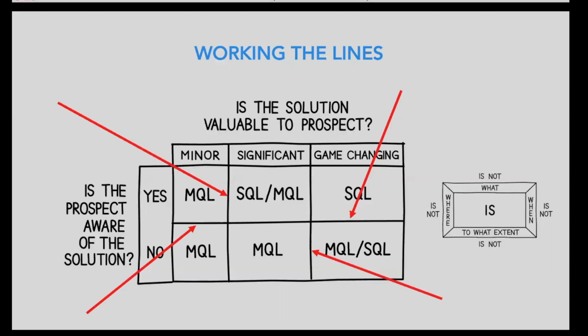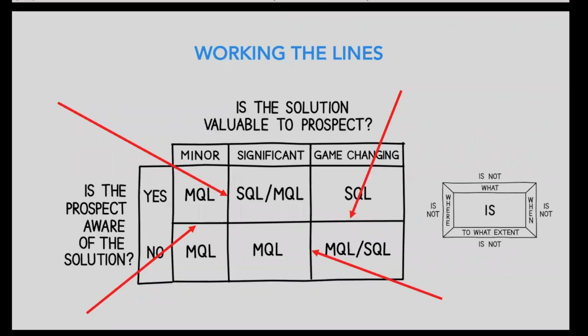We would sit and just throw it out and say, give us some examples of what awareness is, and how do we define what awareness is? Because the more we know about that, the more we can define whose responsibility it is to move them to the next space, right? If we define awareness and then we have a minor perceived value from the prospect, whose job is it then to move it towards a sales qualified lead, the type of lead that we're actually going to be working on?